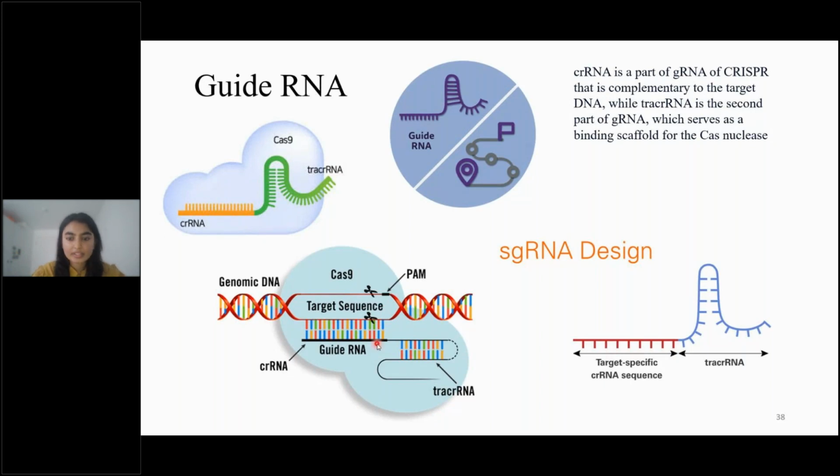For example, if the crRNA is complementary with this sequence in the DNA, it will go and bind complementarily to it, and then the Cas9 will chop it off. So there are two parts, the Cas9 and the guide RNA. Guide RNA helps to guide the Cas9 to cut the DNA.